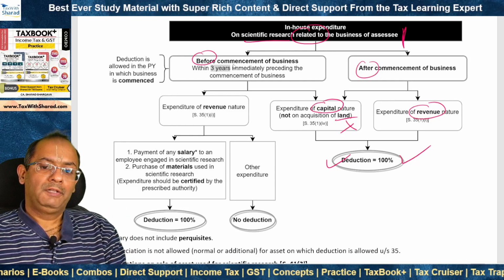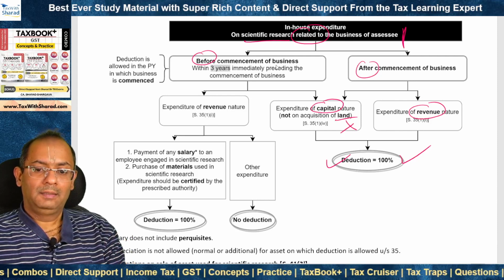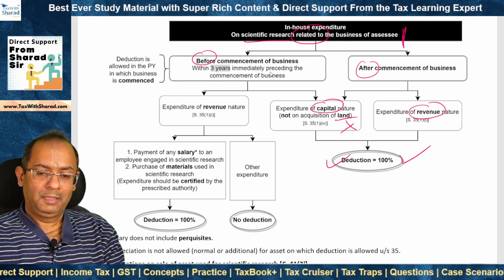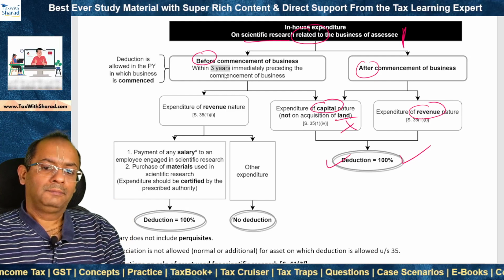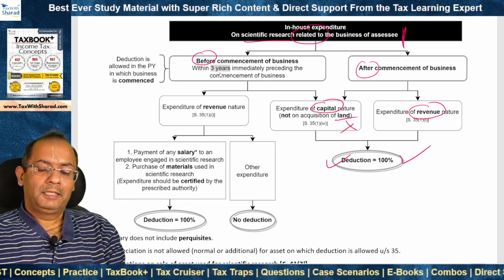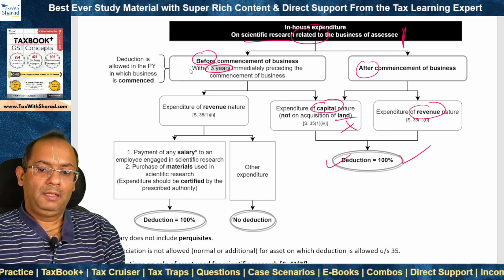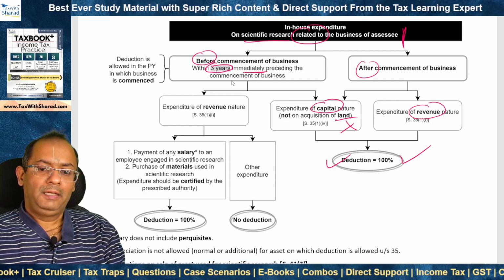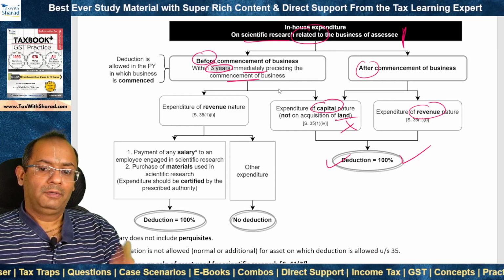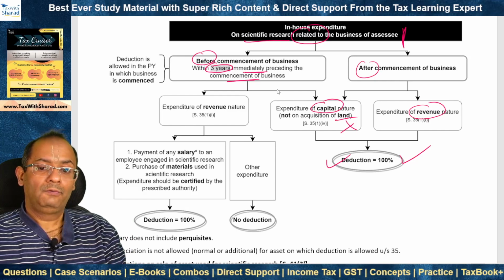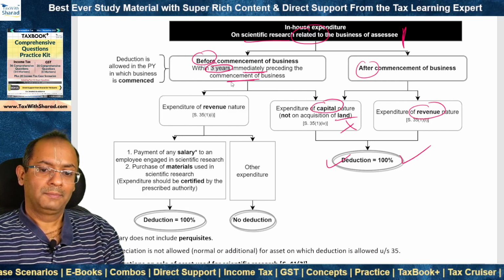What about expenditure which is incurred before commencement of business? That is also allowable as deduction, but there is a time limit. The time limit is expenditure should have been incurred within 3 years immediately preceding the commencement of business. It doesn't refer to immediately preceding the previous year of commencement, but the date of commencement of business.